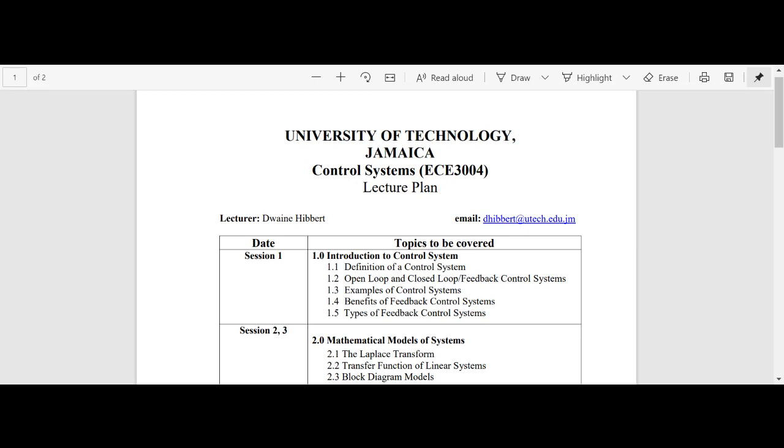The other unit, unit 2, is concerned with mathematical modeling.